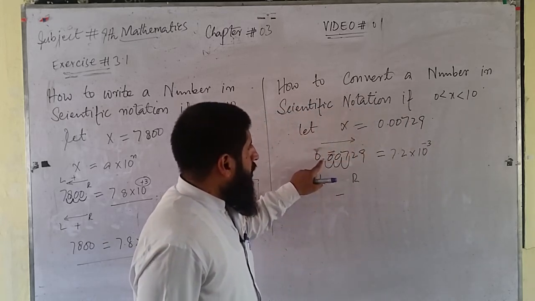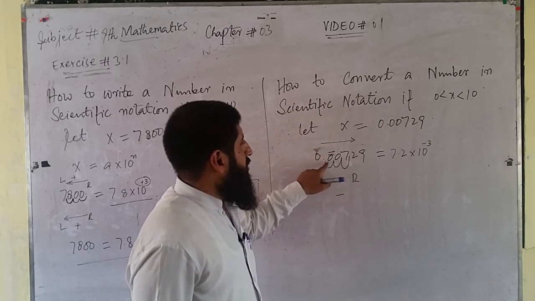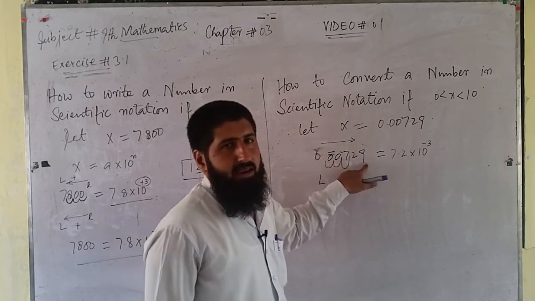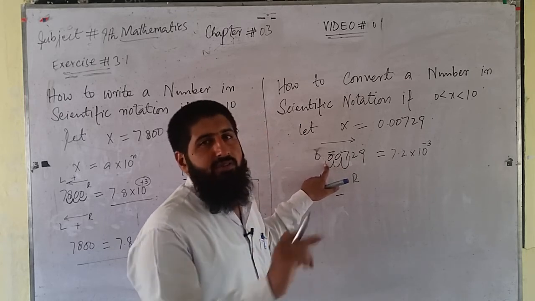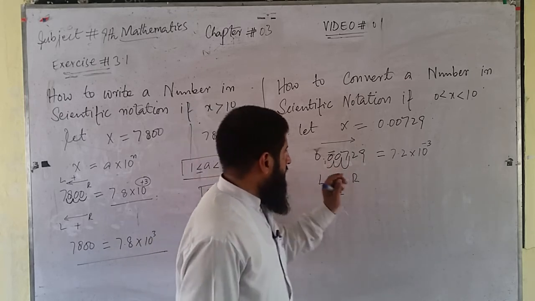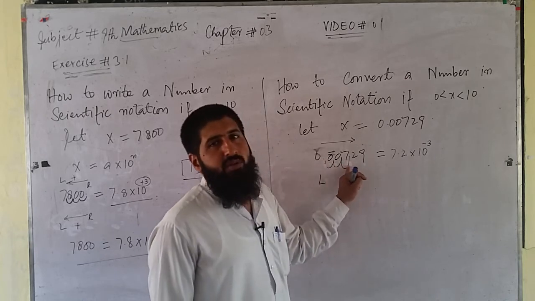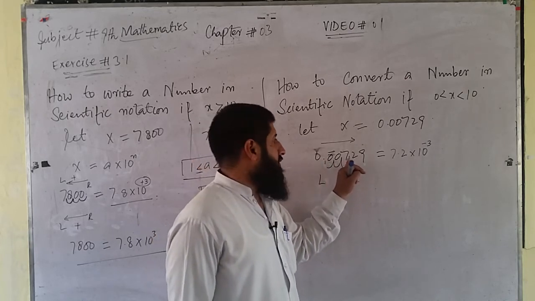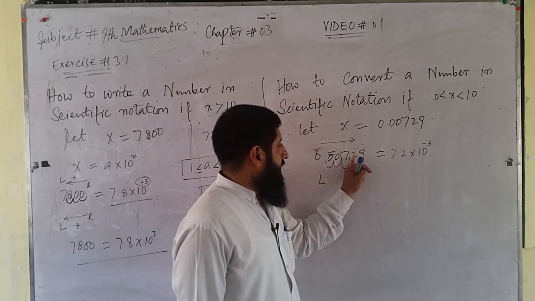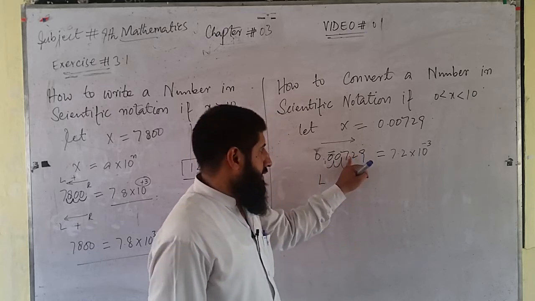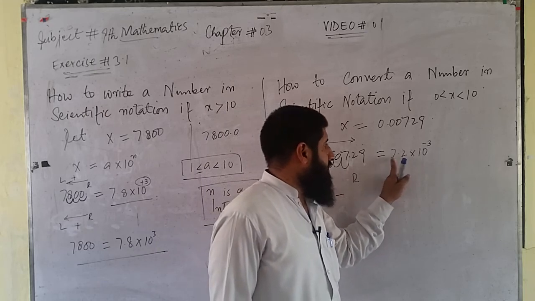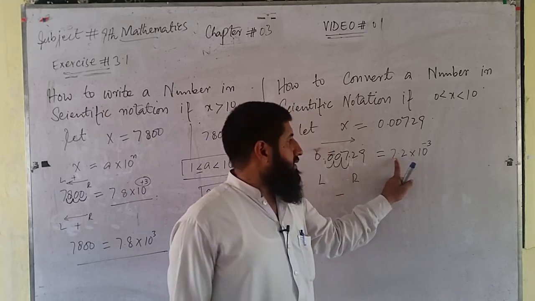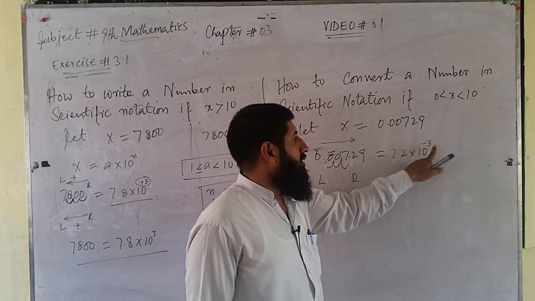Once again, we have the number 0.00729 and we want to convert it into scientific notation. First of all we move that point and place it after the first non-zero digit, that is 7. So it is 7.29 multiplied by 10 raised to power 3.